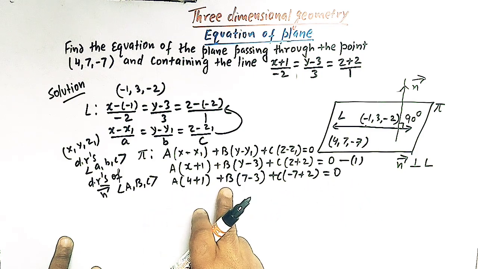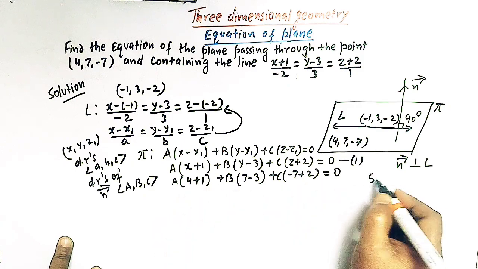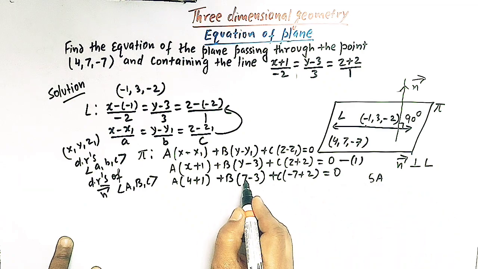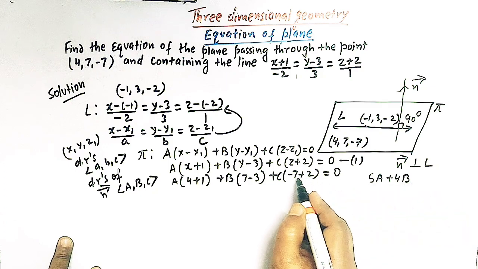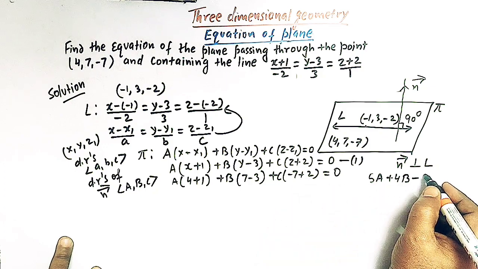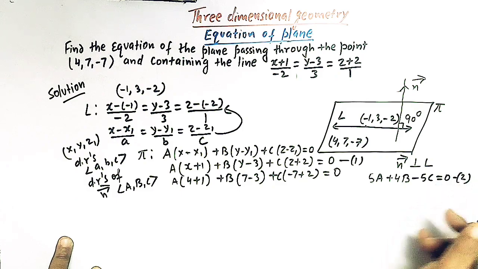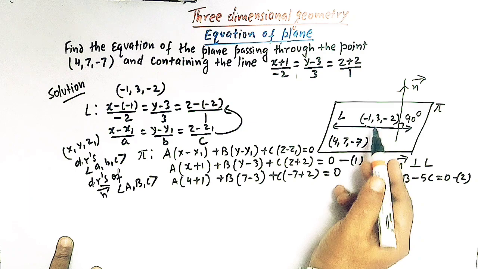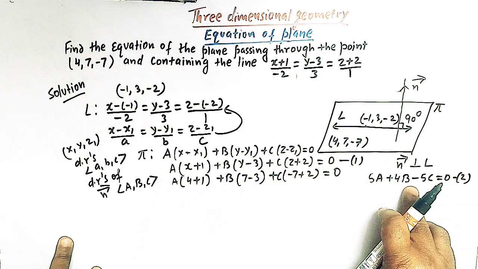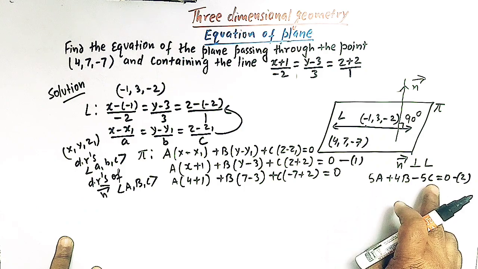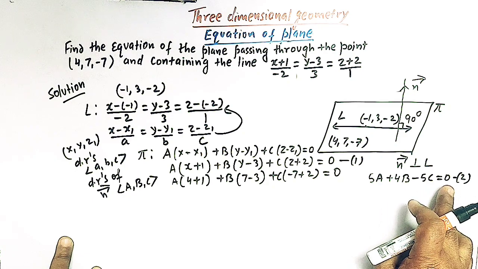So now we have an equation in a, b, and c. 4 plus 1 is 5, so we have 5a. Then 7 minus 3 is 4, so we have 4b. And 2 minus 7 is -5, so we have -5c is equal to 0. So now using these 2 points and this equation, we have obtained an equation in A, B, C: 5a + 4b - 5c = 0.